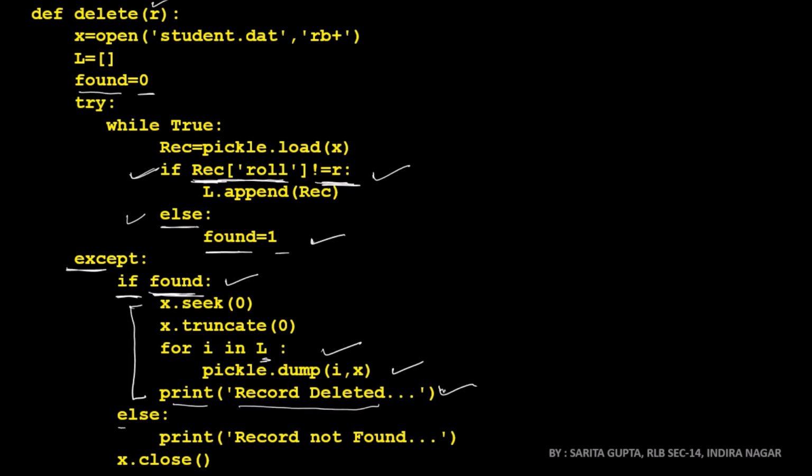In the else block of this if statement, which will be executed when the value of found is 0, that is when the roll number given by the user does not match with the roll numbers read from the file anywhere in the file, we are printing a message, record not found.